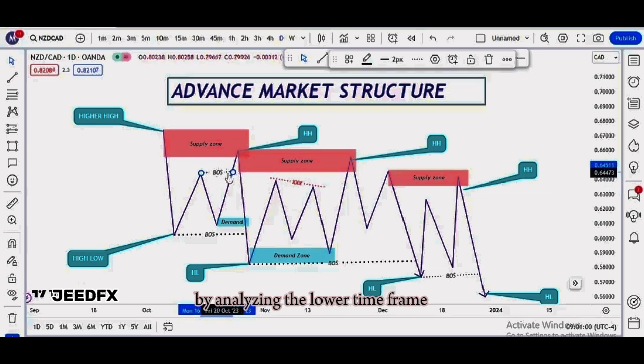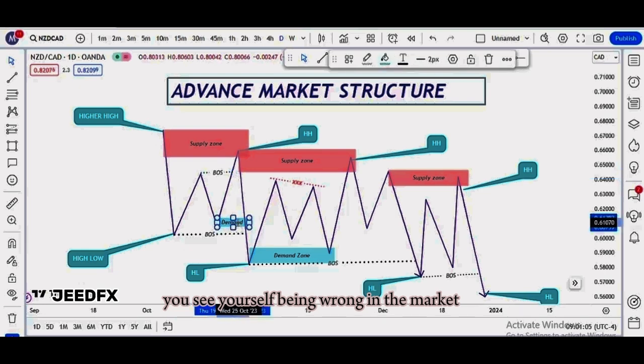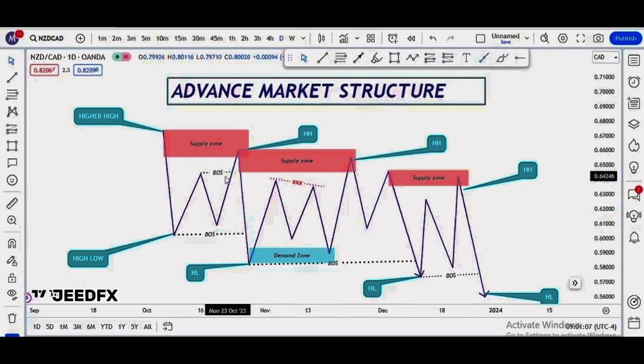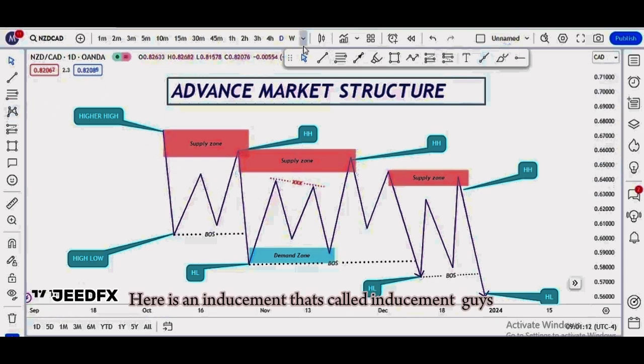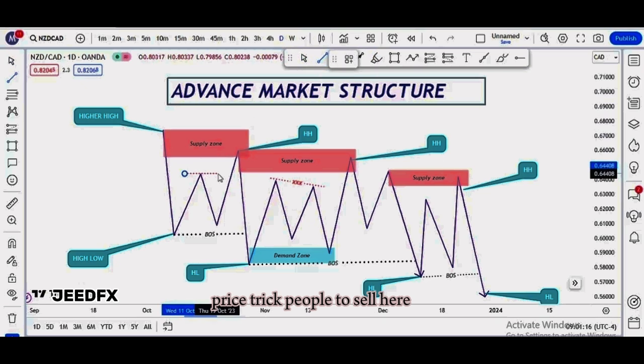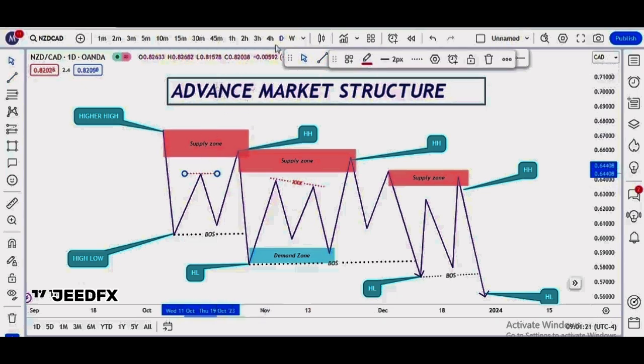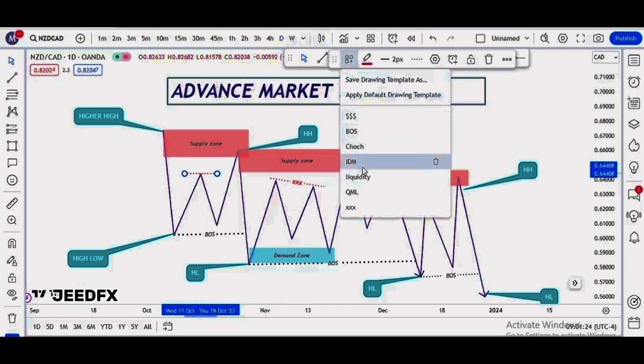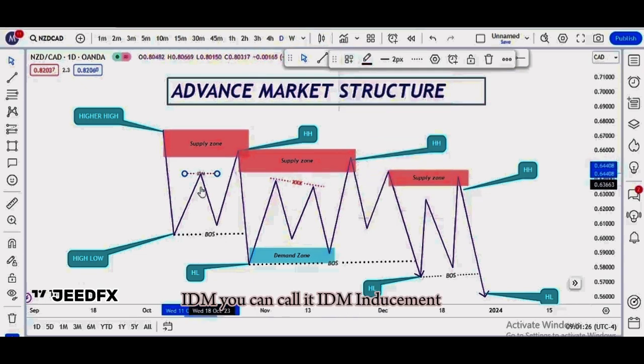By analyzing the lower time frame, you see yourself being wrong in the market. Here is an inducement. That is called inducement. Price tricks people to sell here. IDM, call it IDM, inducement.